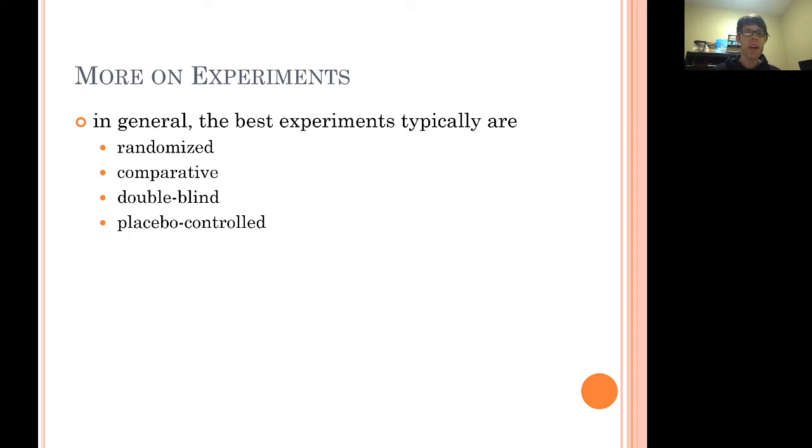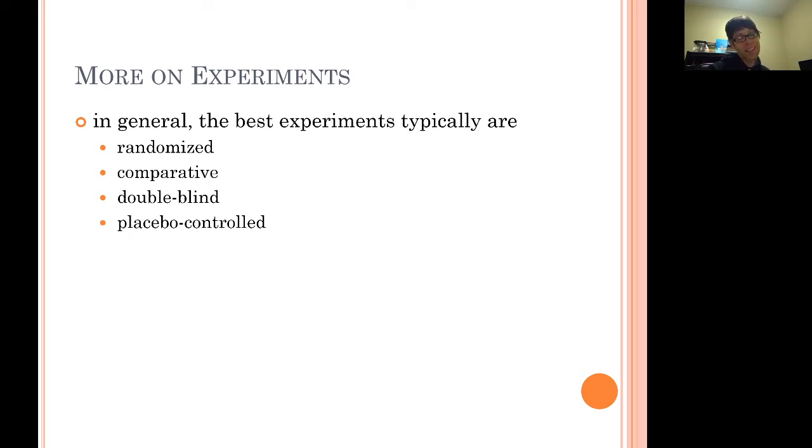It will be comparative, in the sense that there's a control group, and then we're adjusting the explanatory variable a little bit so that we can measure the response. So comparative, like I said again, means looking at different groups and looking at the difference between those groups.